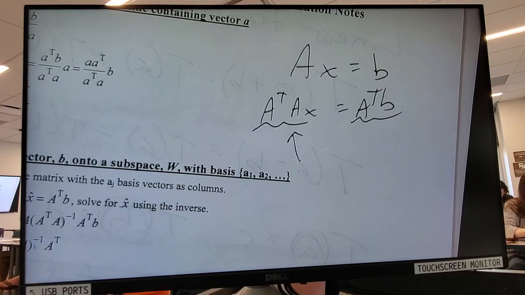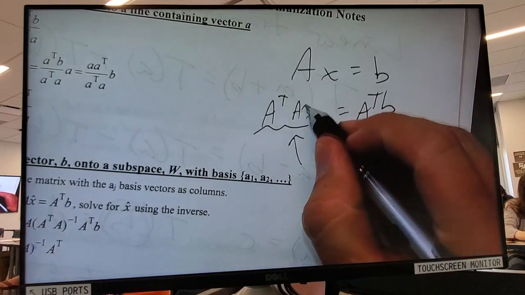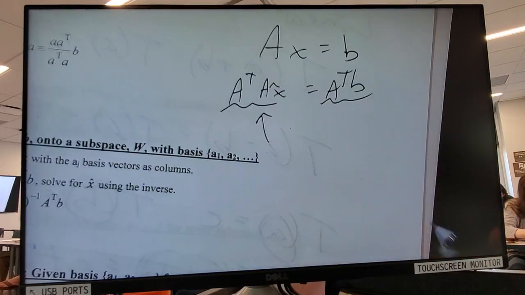Yes? All right. If I give you a system of equations, your answer is the solution that comes closest to the actual answer that lives in the space of A transpose. So it's A x hat. Oh yeah, it should be x hat, because it's the solution. And the geometry of this is awesome.